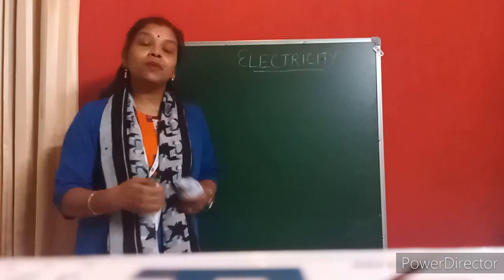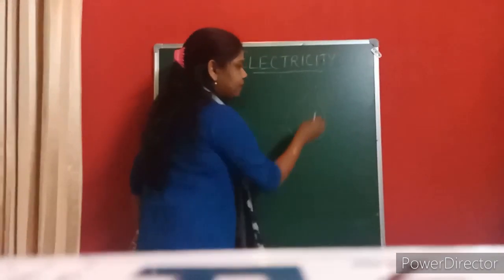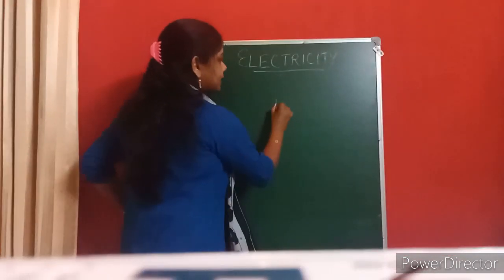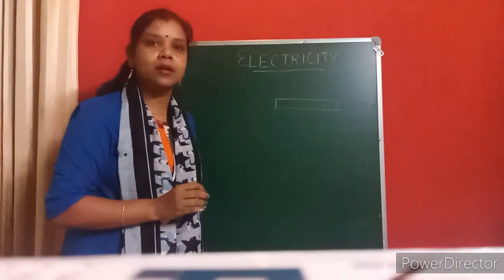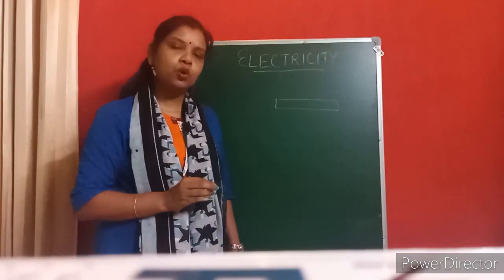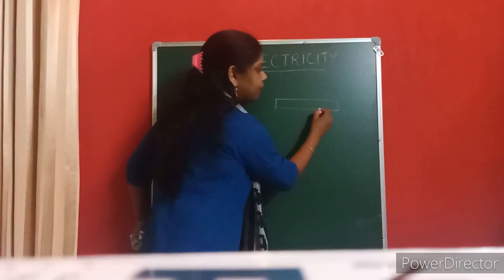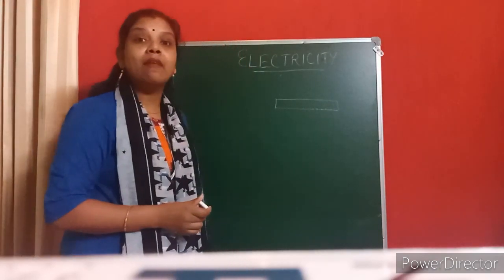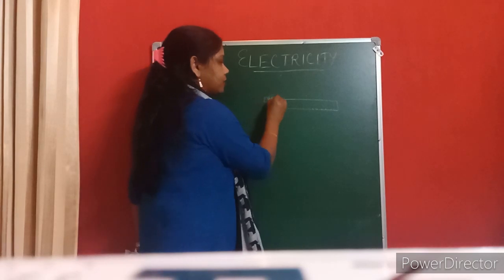Okay. Now what happens, suppose this is a scale. Every material has some charges. It has both positive and negative charge. When we rub it, the negative charges will develop there. So it becomes what? Negatively charged.